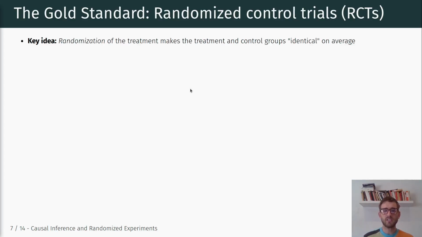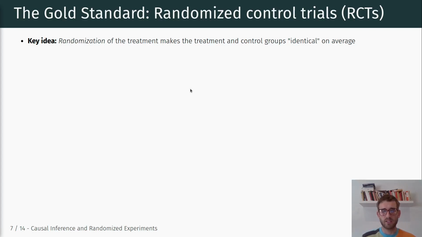Okay, so the key idea behind randomized controlled trials or randomized experiments is the randomization of the treatment, so whether certain observations are assigned to the treatment condition or assigned to the control condition.